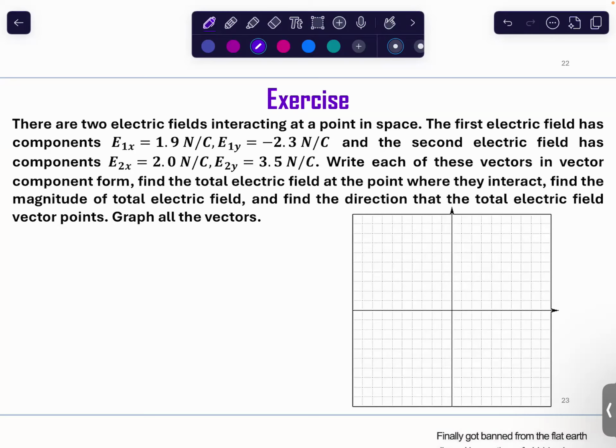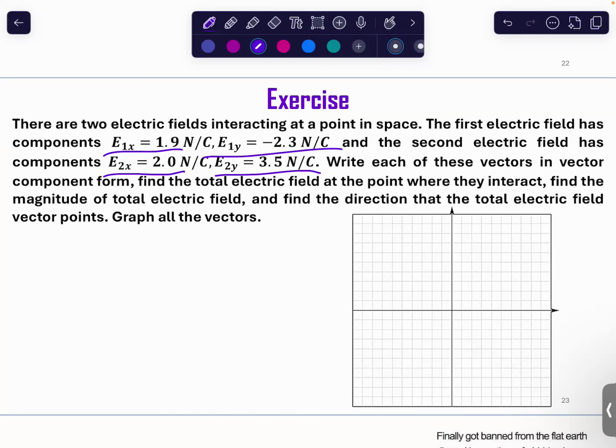We have two electric fields interacting at a point in space, okay? The first electric field has the components E1x and E1y that you see here. The second electric field has these components. So first off, write each of these vectors in vector component form.